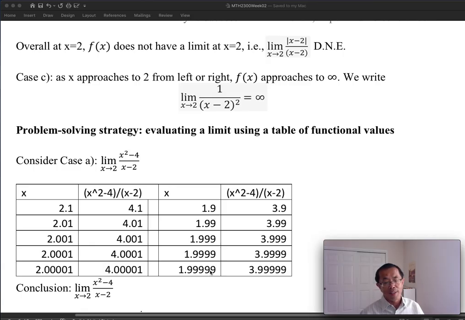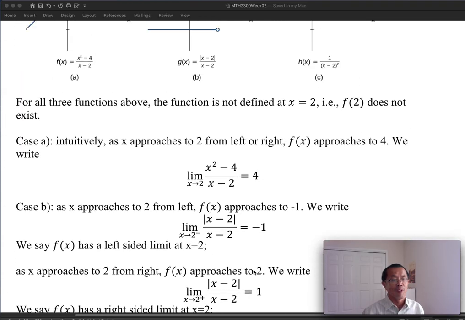Surprisingly enough, the function values turn out to be 3.9, 3.99, 3.999, and so on. So it's fair to say, as x approaches 2 from the left, all these numbers are indeed approaching 4. And this is exactly what we observed from the graph.